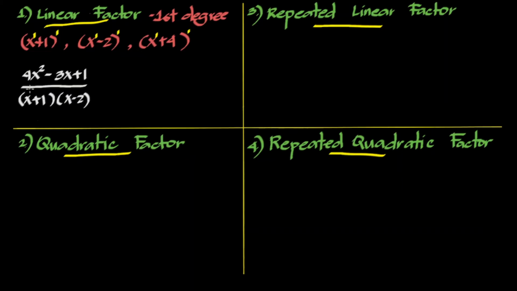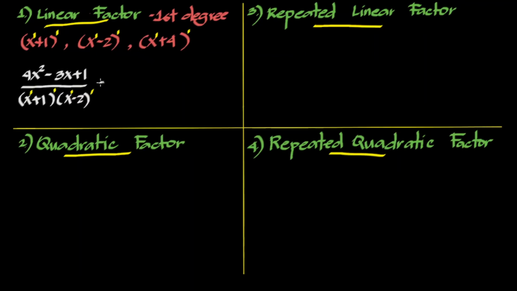So, titingnan nyo agad yung denominator ng equation. Tingnan nyo kung anong degree. So, for this example, nasa first degree lang siya. Ito may mga imaginary na 1. So, therefore, it is a linear factor.